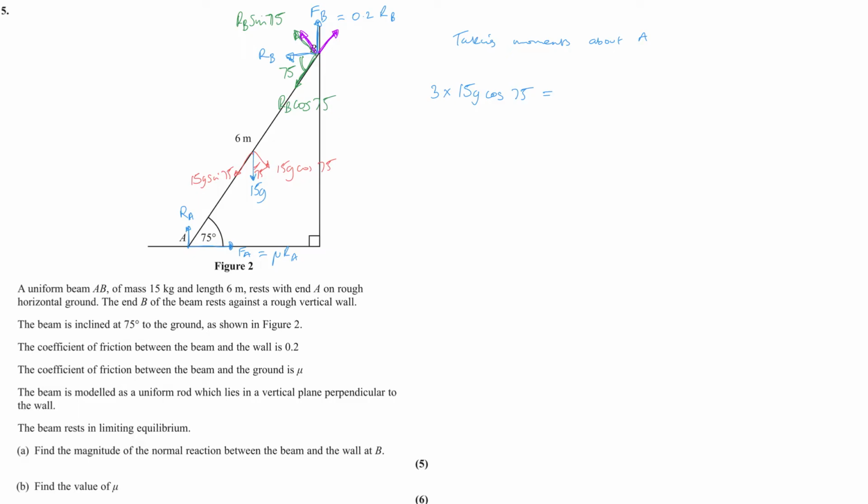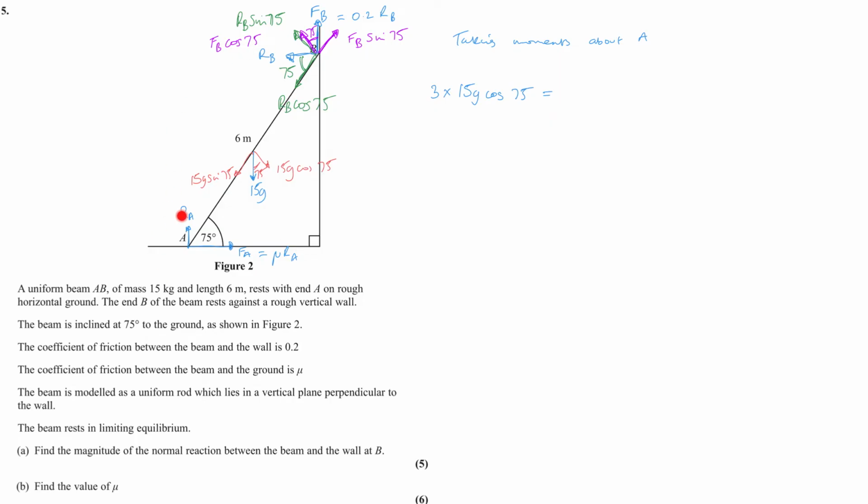Now that's 75, that's 15, so this is my 75 there. So that's going to be FB cos 75 and FB sine 75. So we've done going clockwise.